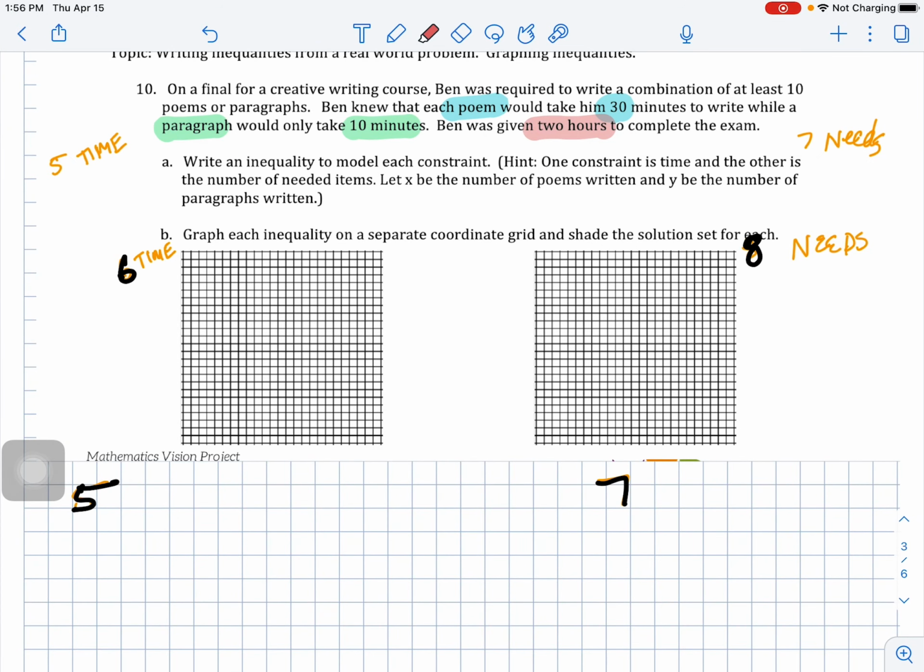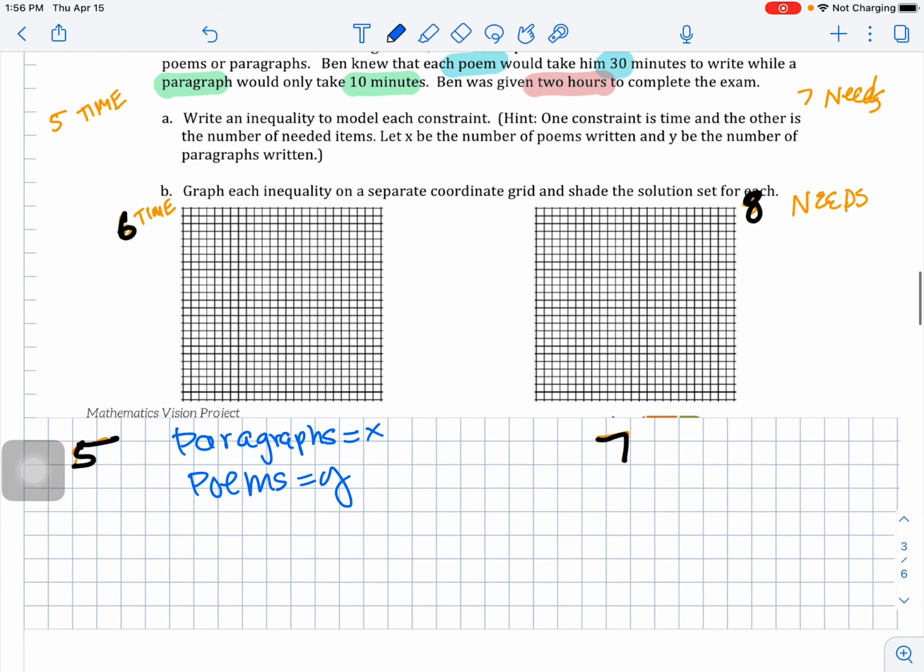So they want you to write an equation for time and write an equation for needs. So I'm going to write in my notes down here that paragraphs for number 5 equals X, and poems equals Y. And so in this equation, since it's talking about time, all of the numbers are going to be representing time.